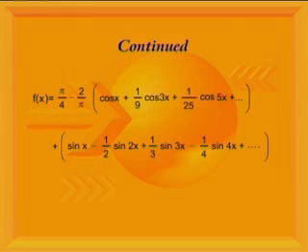Putting these results in our Fourier series, the function fx is now equal to pi by 4 minus 2 over pi into cos x plus 1 over 9 cos 3x plus 1 over 25 cos 5x plus so on cosine terms, and then the sine terms plus sin x minus 1 by 2 sin 2x plus 1 over 3 sin 3x minus 1 over 4 sin 4x and so on.